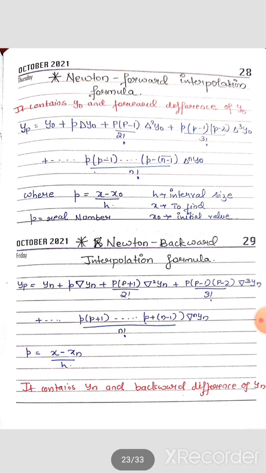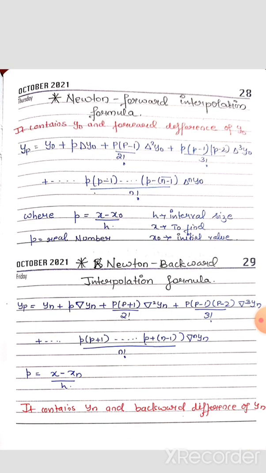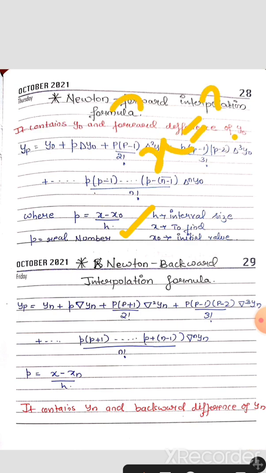The formula is y0 plus p delta y0 plus p(p minus 1) delta square y0, and so on up to delta n y0. What is the value of p? The p value is (x minus x0) by h. We know h is the interval size, x is the value we have to find, and x0 is the initial value. When you substitute these, you will get p as a real number.